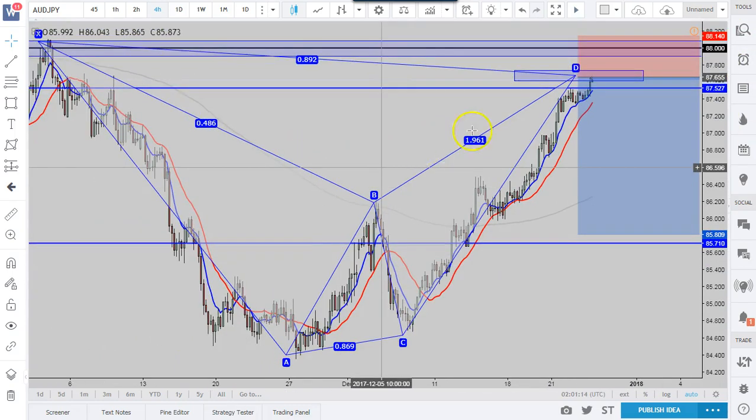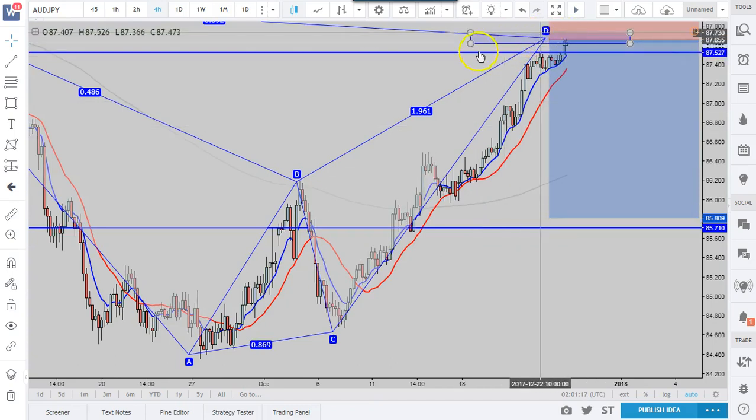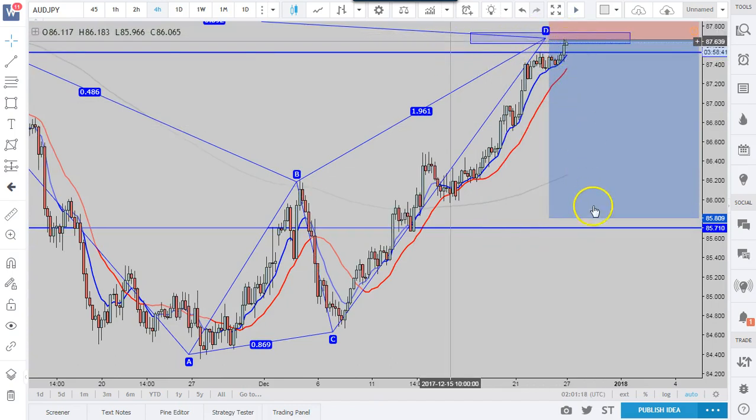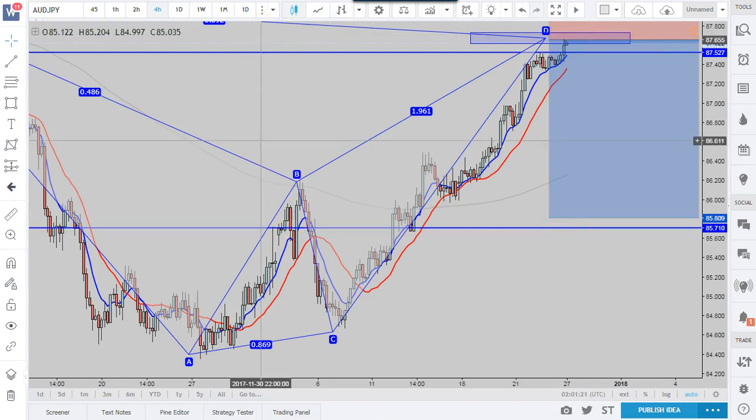This is an advanced pattern. Price just hit the PRZ zone, and then you're expecting price to fall. Okay, so that's that for your Fibonacci tools. That's how to use it.